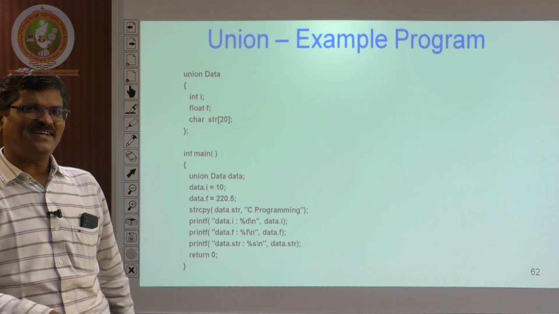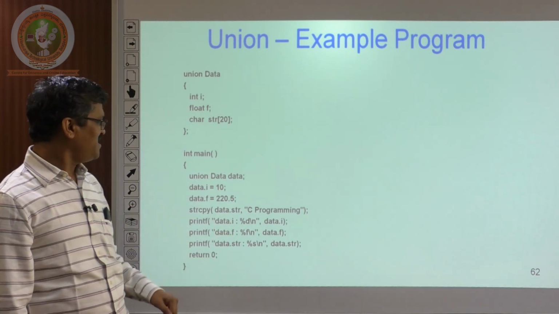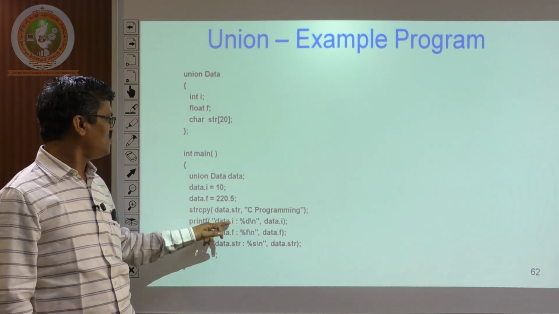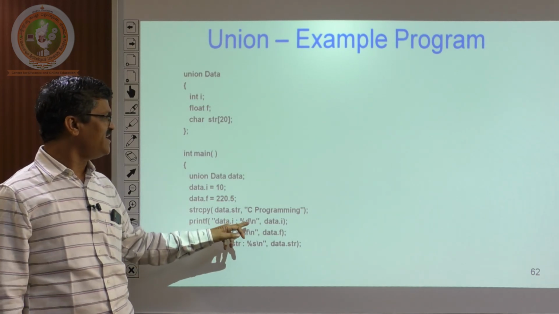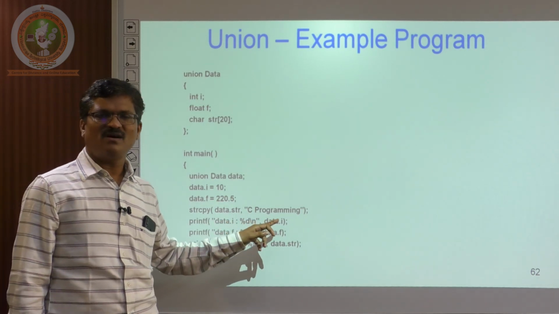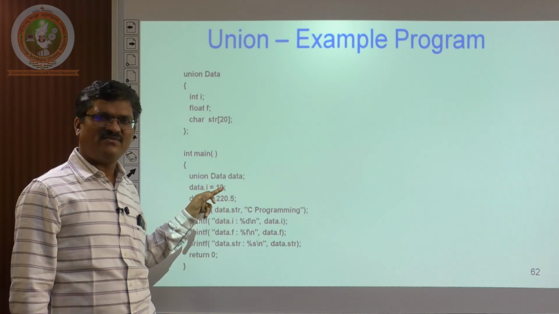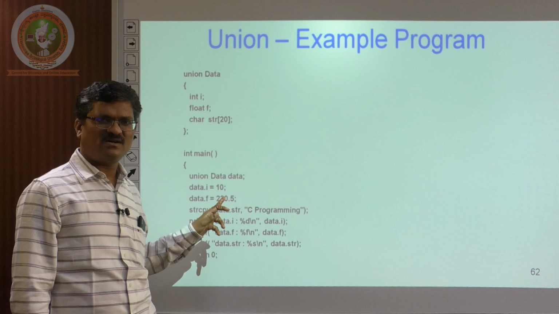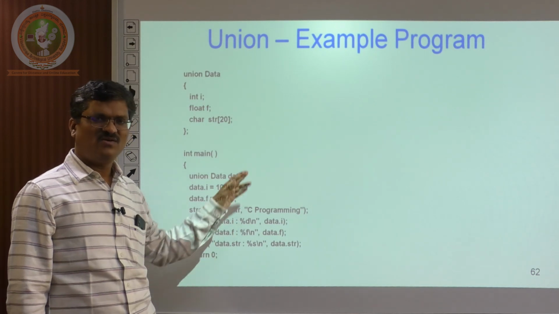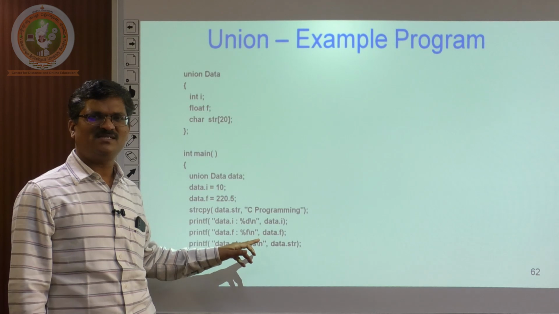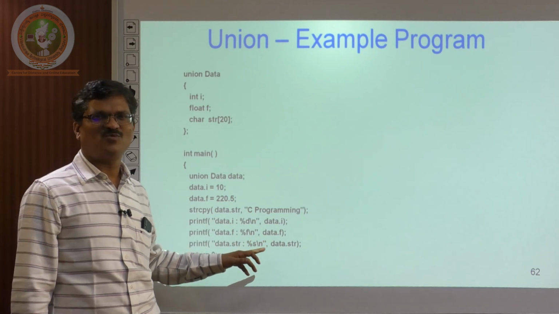And if you print it, what value do you expect as the output? I am printing the values: I have assigned data.i, data.f, and data.str, and if I would like to print the statements, what do we expect as an output now?